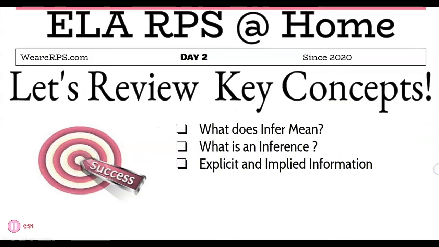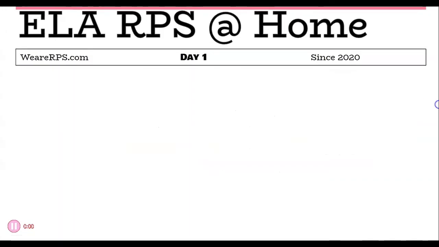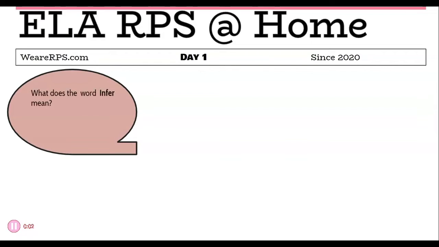But first, let's review some key concepts. Yesterday, we talked about the word infer being a root word in the word inference. So, what does the word infer mean? If you said read between the lines, then you are absolutely correct. Let's look at the next question.